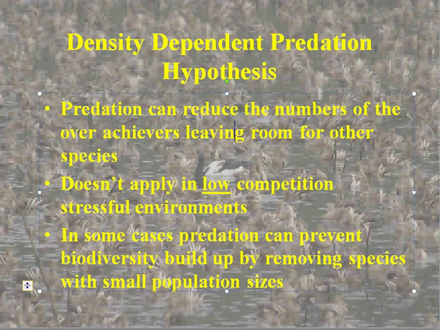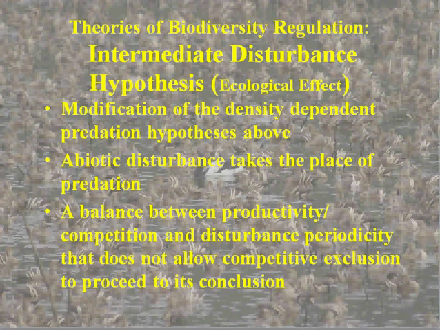Another way in which competition can be controlled is by disturbance. And this is the basis of the intermediate disturbance hypothesis. Okay? It's effectively a modification of the density-dependent predation hypothesis. Instead, abiotic disturbance takes the place of predation. So some sort of abiotic disturbance, whether it be a tree fall, death, a fire, or a hurricane, or grazing, takes the place of predation.